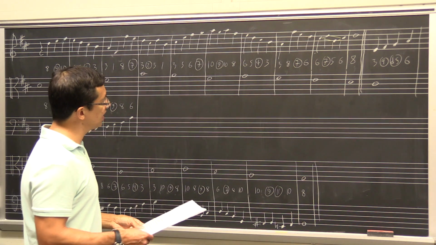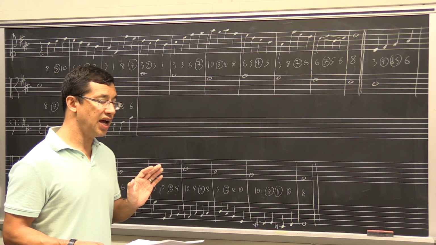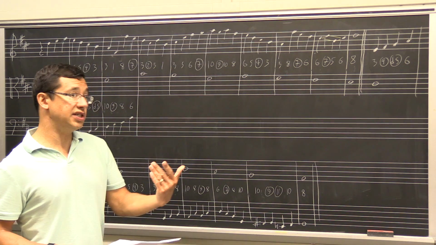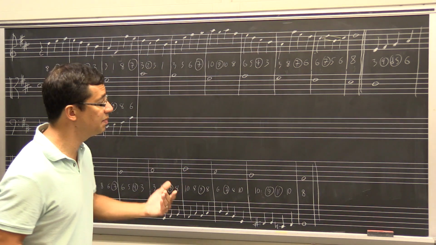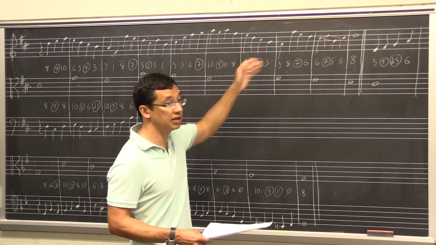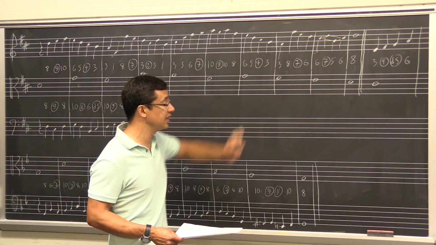A new point to think about is that we like it in third species to have leaps change direction. That is, the leap itself is a change of direction. We're used to the idea that a larger leap likes to change direction. A leap of a sixth or an octave really needs to come back by step. So we change direction after the leap.